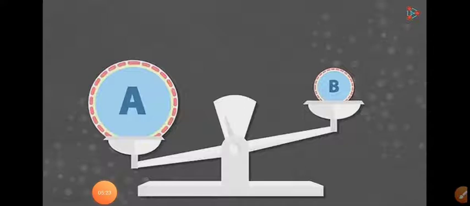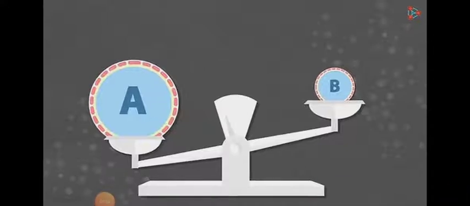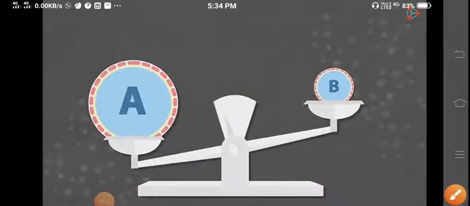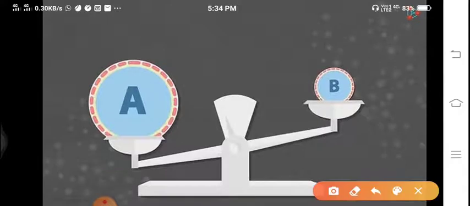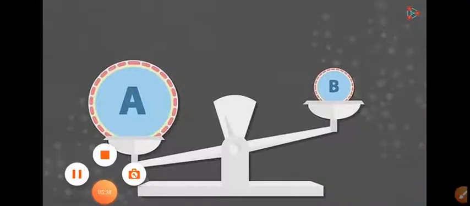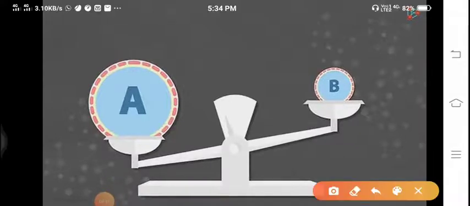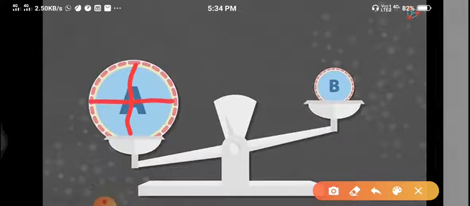To find the mass of object B, we consider a weighing balance. Now you can observe easily that object A is greater than B, so it is heavier. To equalize them, we have to cut object A into 6 pieces.